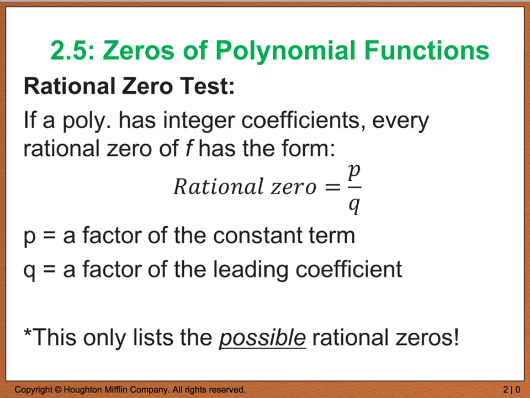The rational zero test says, if a polynomial has integer coefficients, then every rational zero of the function has the form p over q, or p divided by q, where p represents the factors of our constant term, or the term without any variables, and q represents the factors of the leading coefficient. And again, this is only going to list the possible rational zeros, not the exact rational zeros.